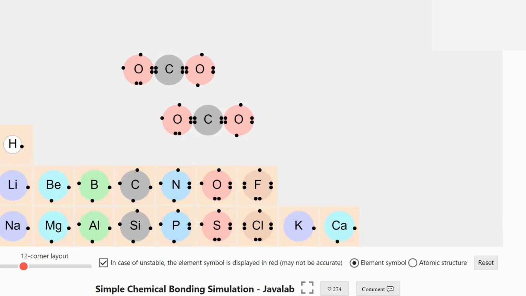Nothing happens to the bonds themselves, the intra. But in ionic compounds, of course, both are the same. When we melt, we are just pulling out the ions. So that is different from covalent.